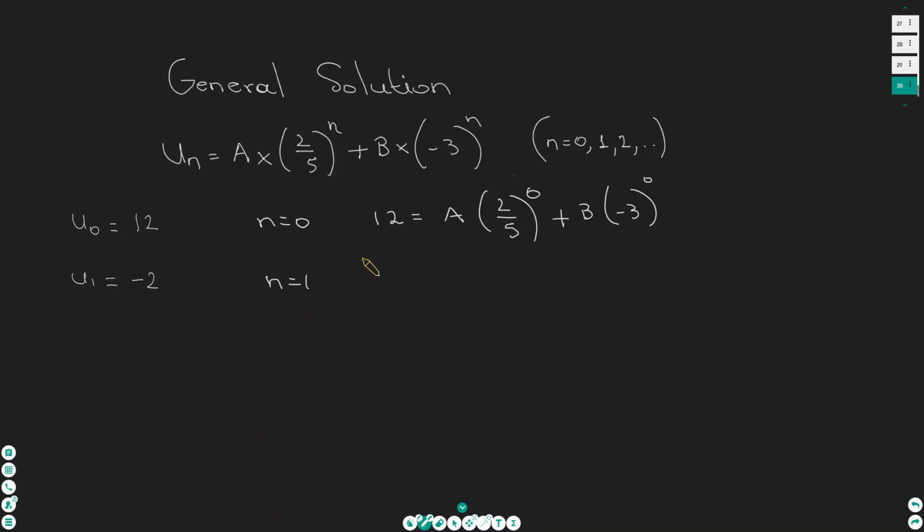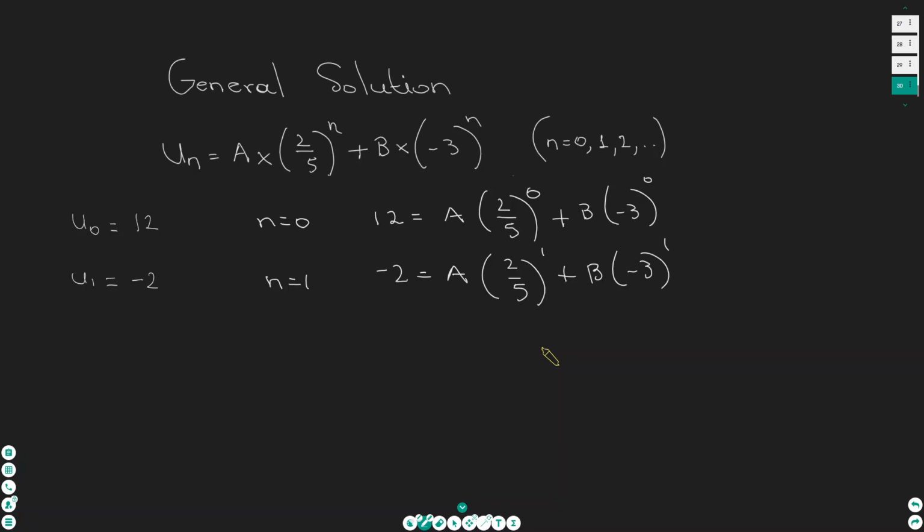So n equals 1 gives us negative 2 equals a times 2 over 5 plus b times negative 3.